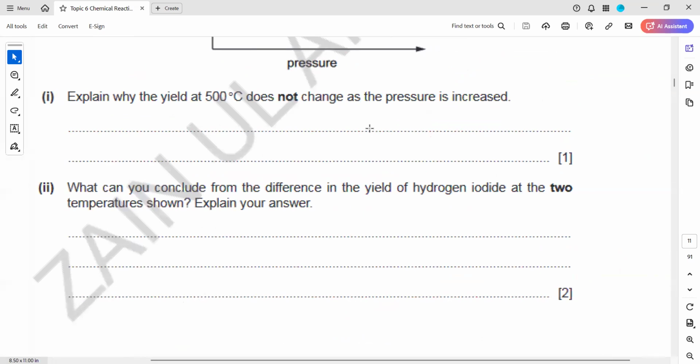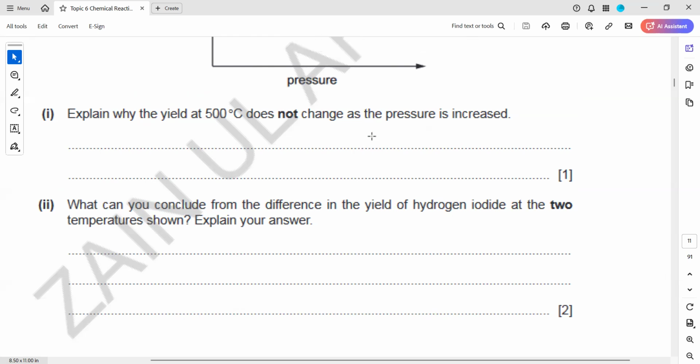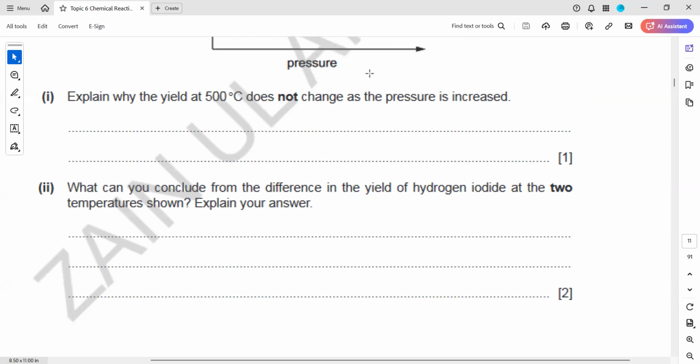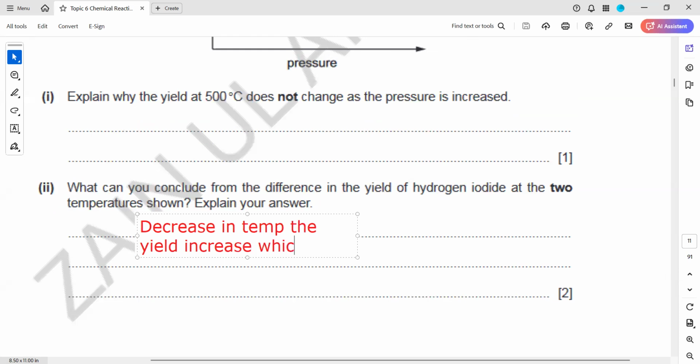What can you conclude from the difference in the yield of hydrogen iodide at two temperatures, and explain your answer. So what does it show? It shows that when we decrease the temperature, the yield increases, which shows the forward reaction is endo or exo.